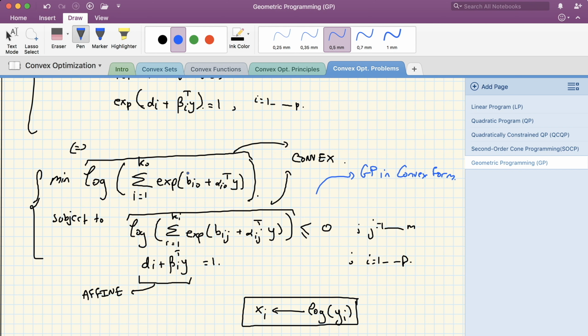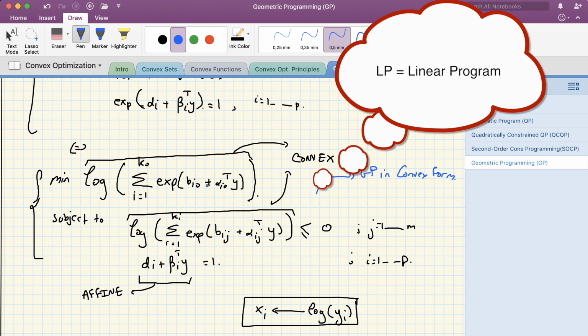Now, if all my polynomials are monomials, the log will cancel your exponential, and you're left with affine functions. That is to say, a GP in that case would be nothing other than a linear program. That said, we can consider a GP to be an extension of an LP.